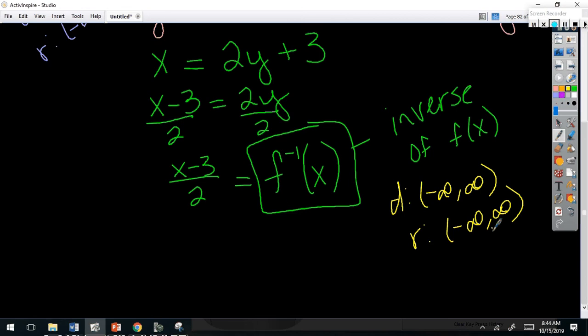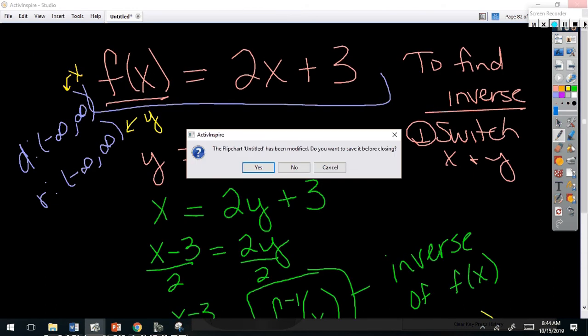It's not zero. The 2 can't be 0. There's nothing I can plug in for x that's going to make that bottom 0. There is no x in the denominator, so it's not restricting my domain at all. Everybody okay on that? Let's do one more algebraically, and then we'll look at it graphically.